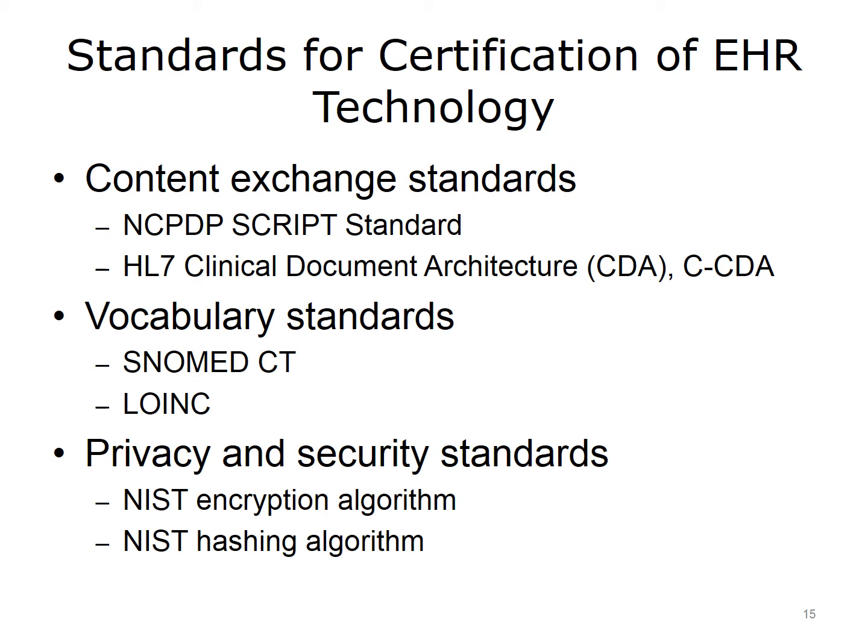For example, one standard is an encryption algorithm identified by the National Institute of Standards and Technology, NIST, as an approved security function in Annex A of the Federal Information Processing Standards, FIPS, Publication 140-2. Another example is a hashing algorithm with a security strength equal to or greater than SHA-1, Secure Hash Algorithm, as specified by the NIST.